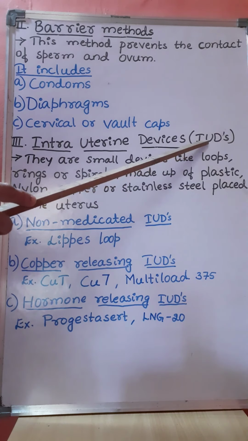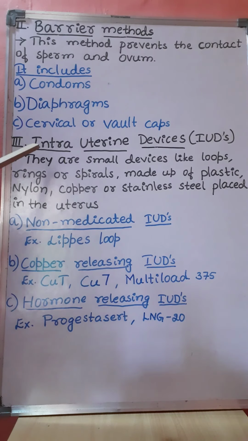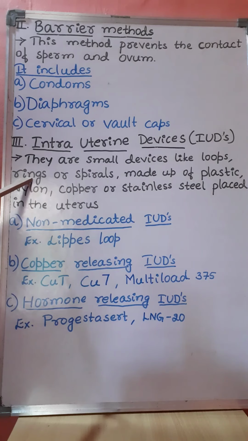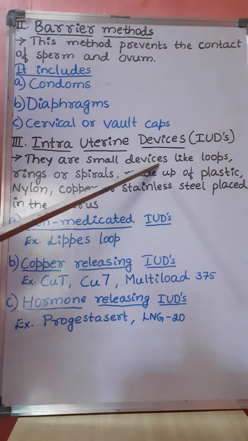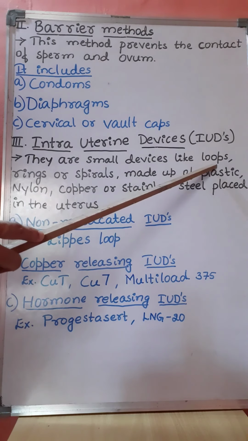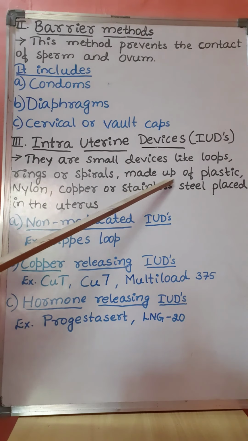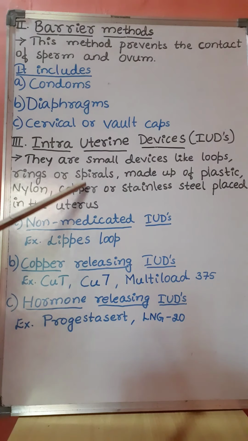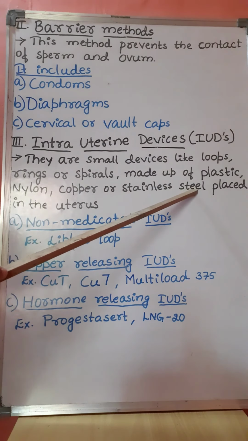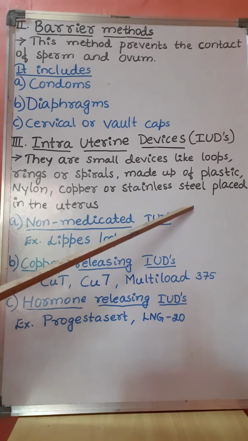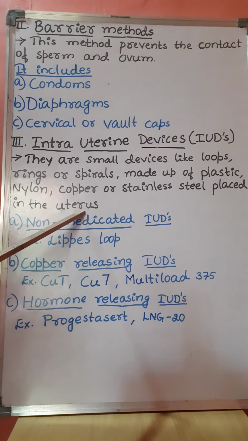IUDs are small devices like loops, rings or spirals, made of plastic, nylon, copper or stainless steel, and these are placed in the uterus.